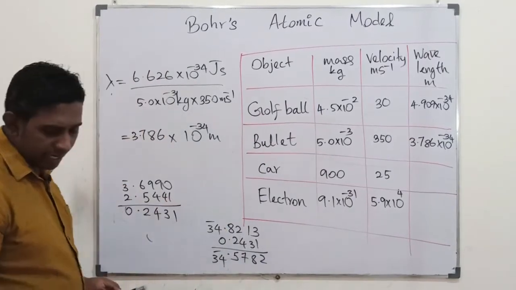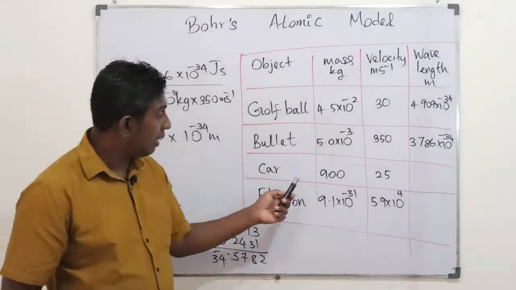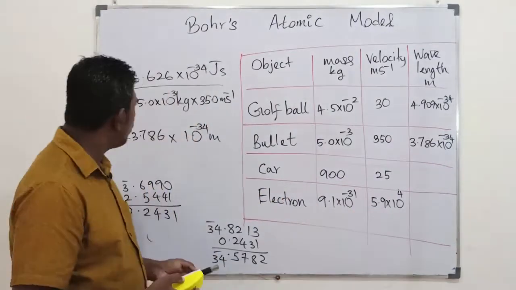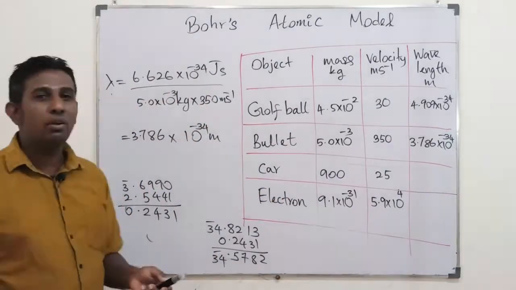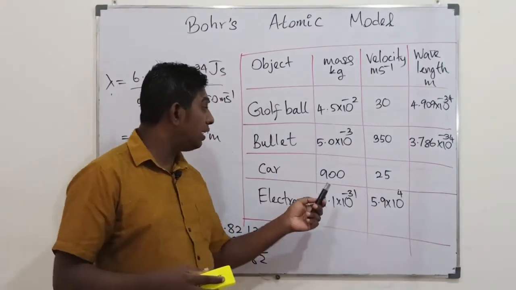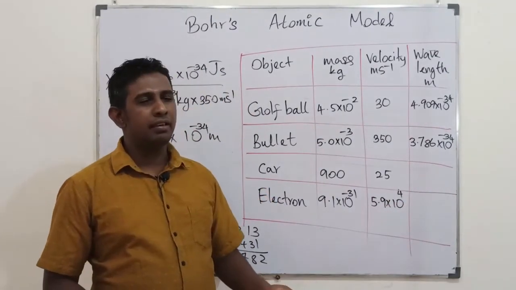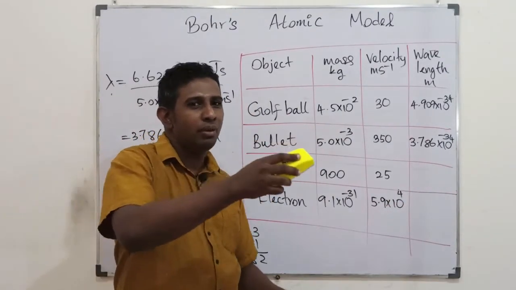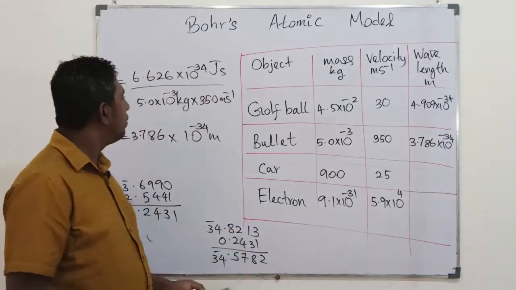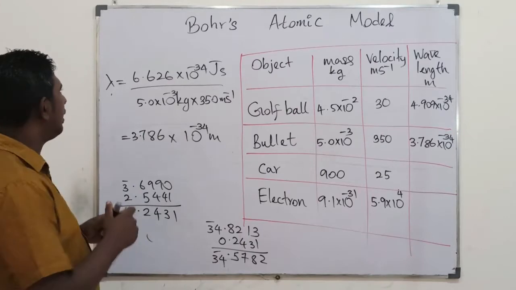So students, let's continue that for the other one, the motor car. So let's find it out. What's the wavelength standing for the motor car? When the motor car is traveling at this speed, this velocity, let's say, whether it's moving in a wave path, let's find it out. So I'm going to now substitute into the same equation.